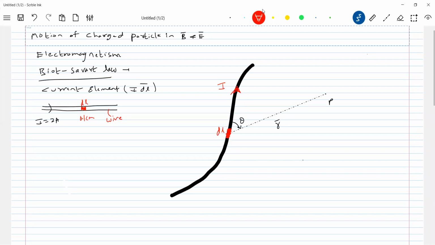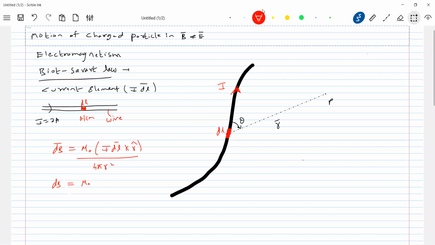So what is the magnetic field strength at point P? That is the law, what it says: dB bar is equal to mu naught I dl bar cross r cap by 4 pi r square. If I further expand this, so this will be in magnitude, I dl bar cross r bar.